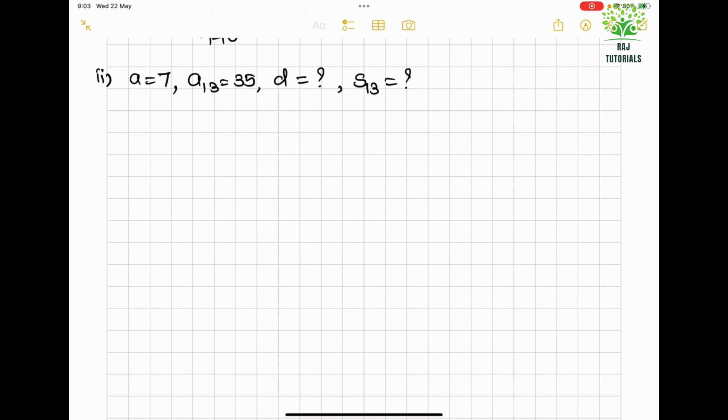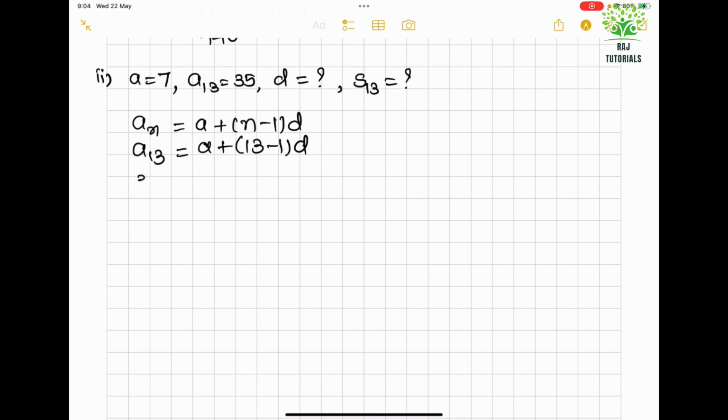Next, given a equal to 7, a13 equal to 35, d I have to find, and I have to find S13. So again first I need to use the an formula. So that will be a plus (n minus 1)d. So a13 will be equal to a plus (13 minus 1) into d.